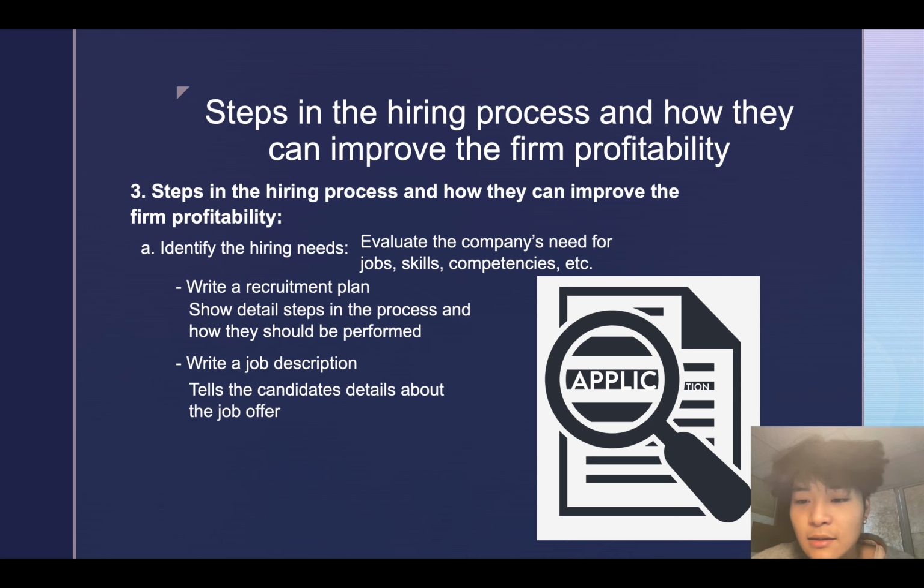So this task basically means to tell the candidates details about the job offer, what they need to do, and what skills they should have in order to do the job. Does the job require any unique experiences?